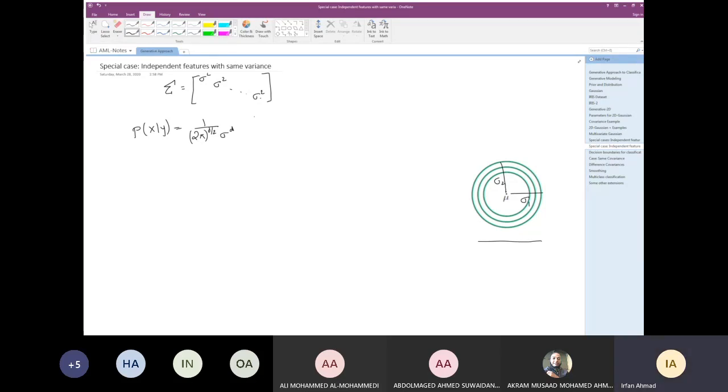And here you get basically E of minus (x_i minus mu) square over what do you get here? So it's basically an L2 norm. So you can just say in a short form, x minus mu, the L2 norm of that over 2 sigma square, because all the sigmas are the same. So this is what you end up with if you have features which are independent and also having the same variance. So this becomes the new simplified form of it, right?